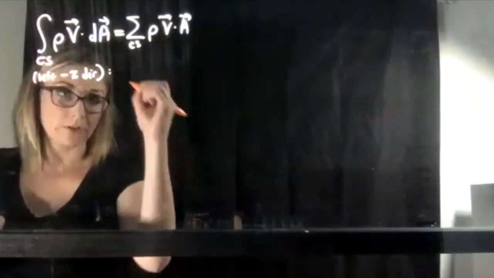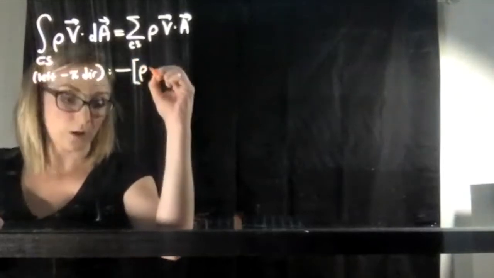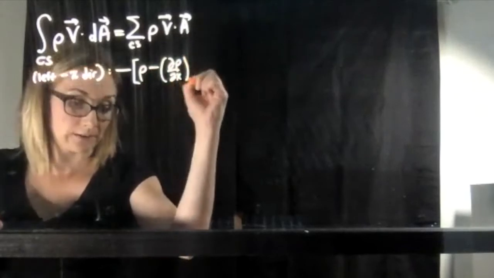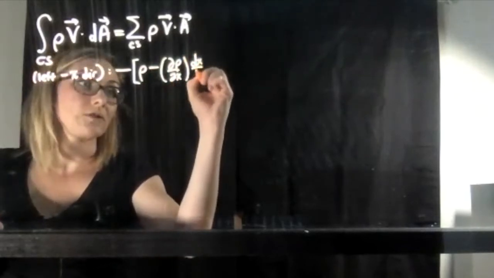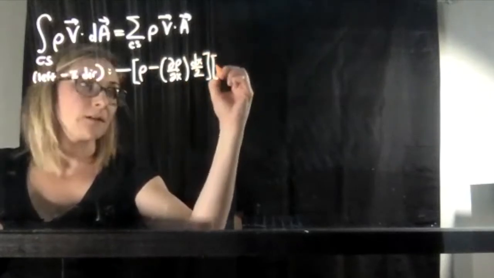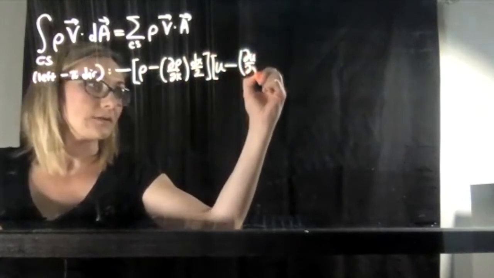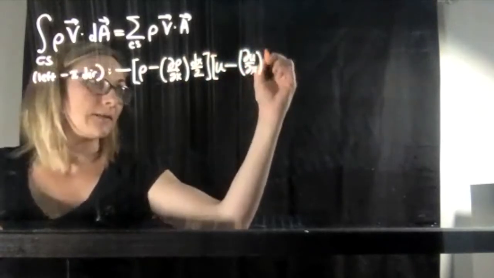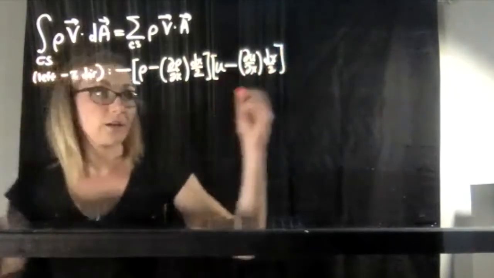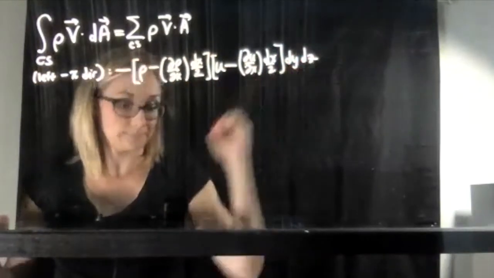Here we have negative rho minus d rho dx, dx over 2. And then we have our velocity, u minus du dx, dx over 2. And let's not forget our area, which is dy dz.